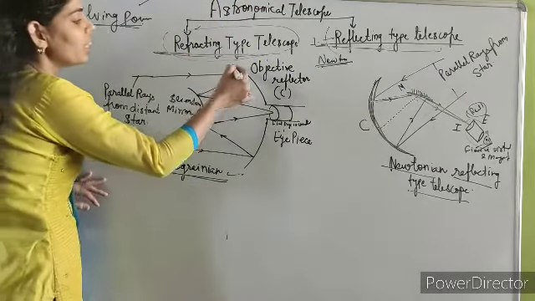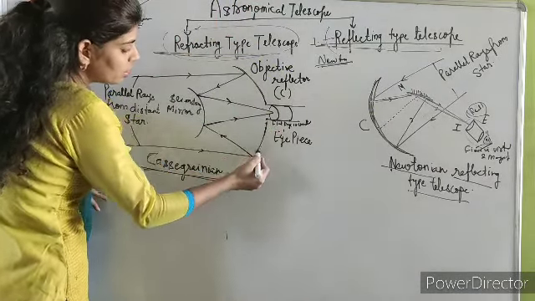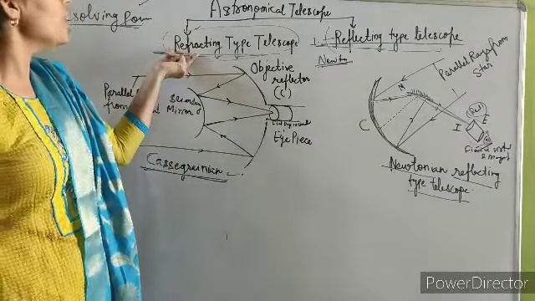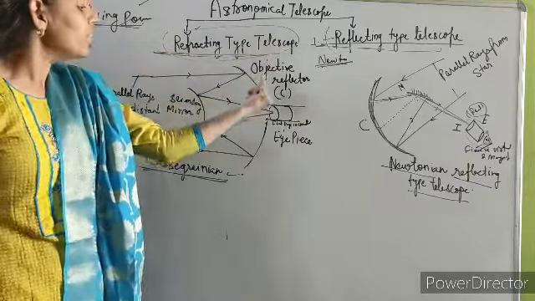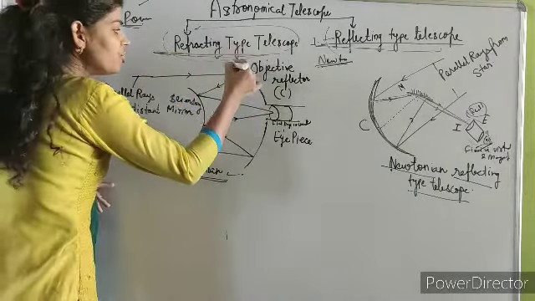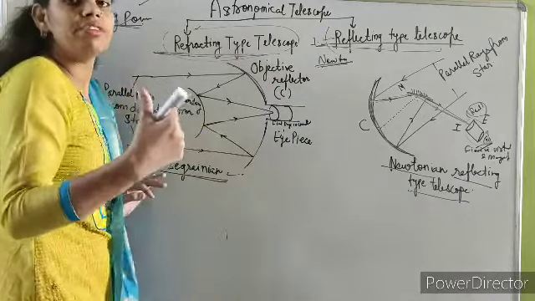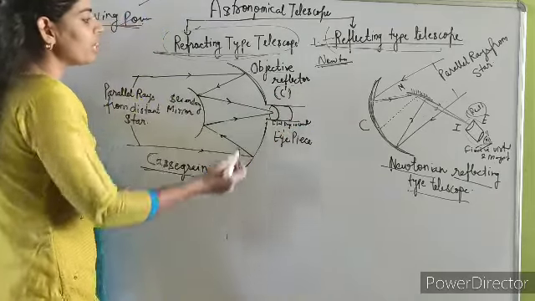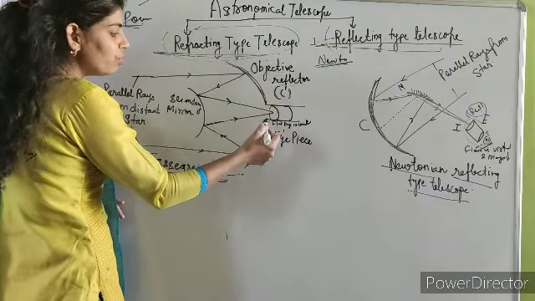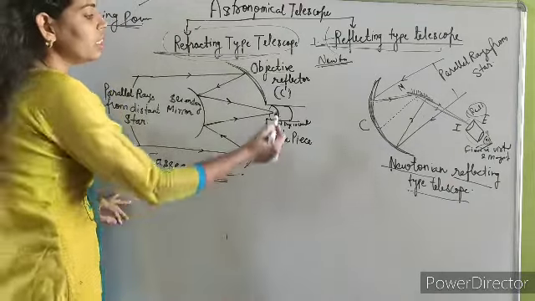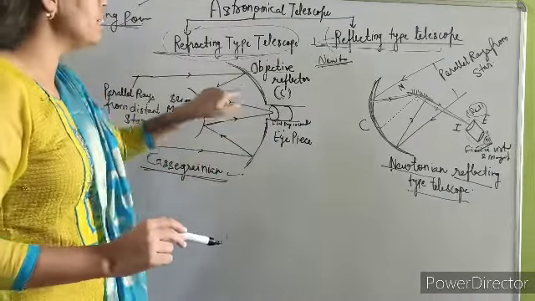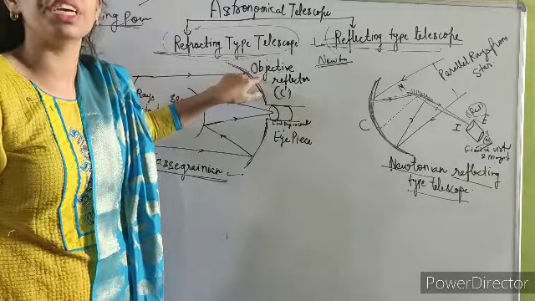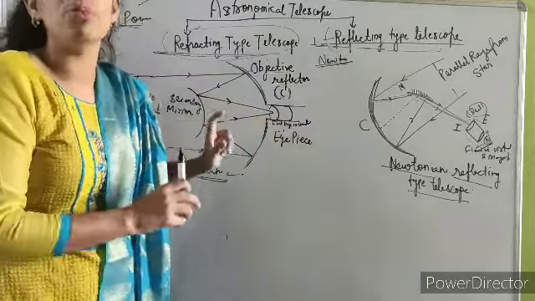Students, here you can see that we have replaced the objective lens that we studied in the refracting type of telescope with an objective reflector C. Here you can see that this is a concave parabolic reflector C. It will act as an objective, playing the role of the objective lens.